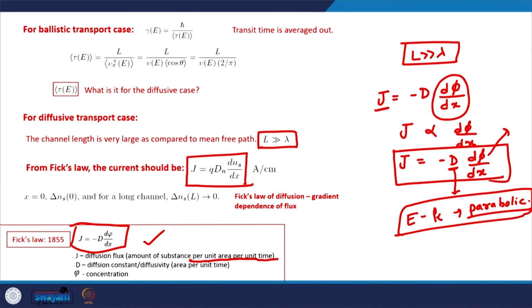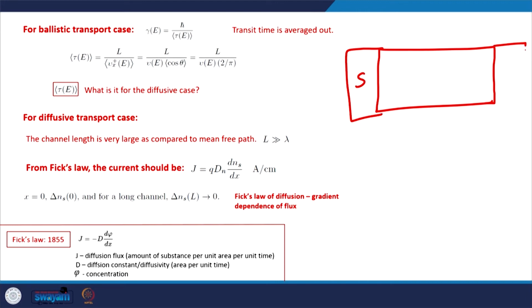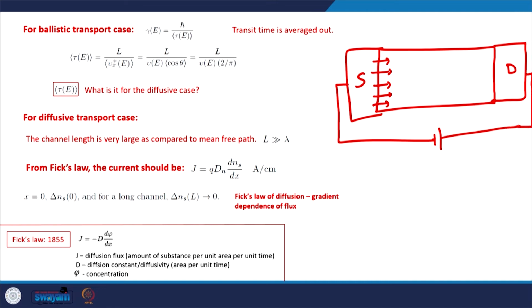Okay. Now, the situation that we have at hand is a two-dimensional channel. We have a source contact and a drain contact. Let us say we have applied a voltage across the device, the drain is at the high voltage and the source is at the low voltage, so the source might be injecting a lot of electrons.